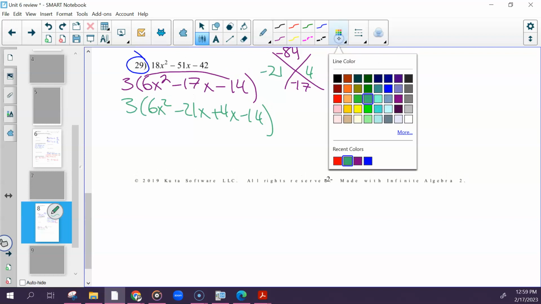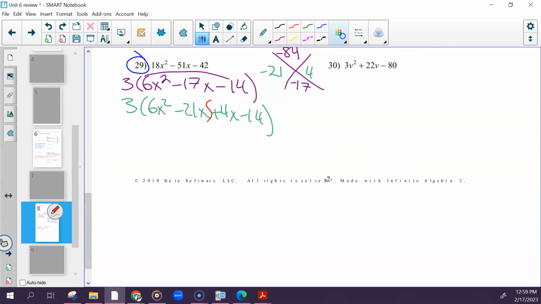Split that down the middle. Keep bringing down your GCF. 3x. What would be left? 2x minus 7. And it is positive 2.